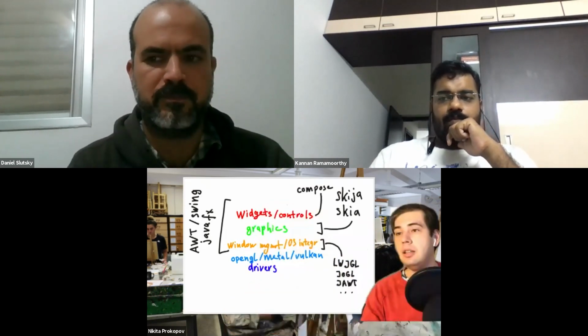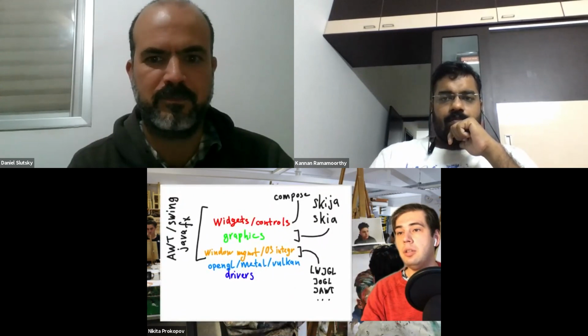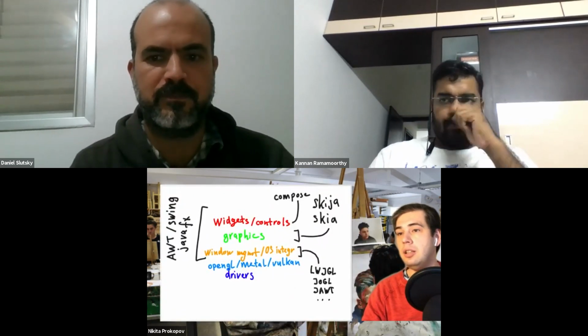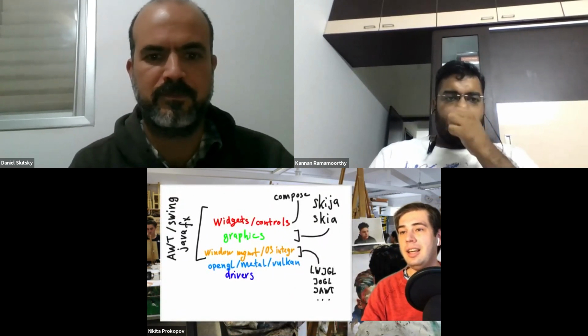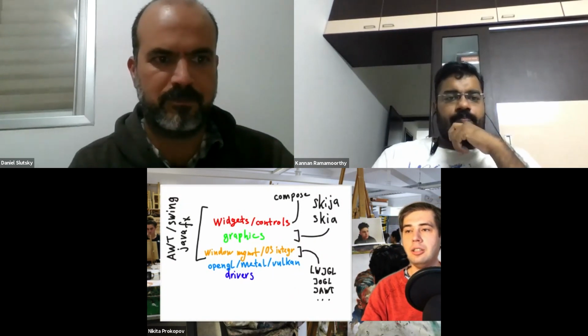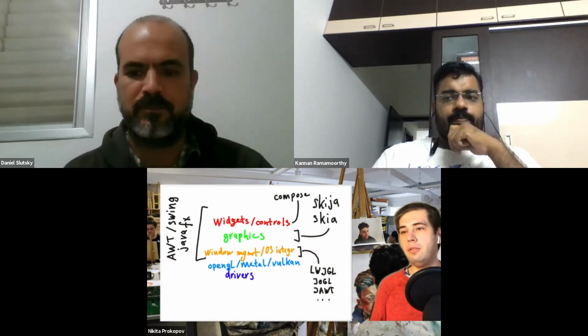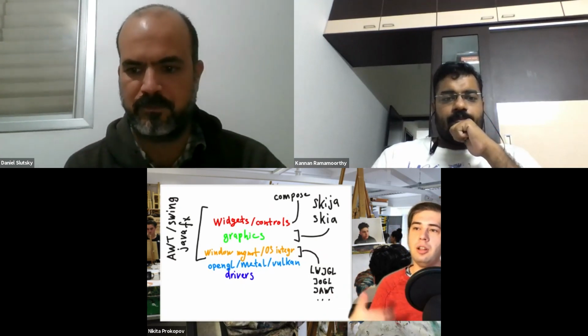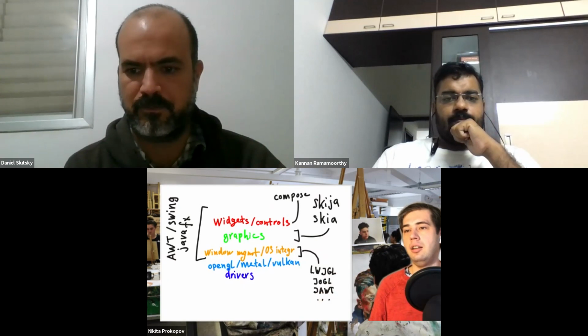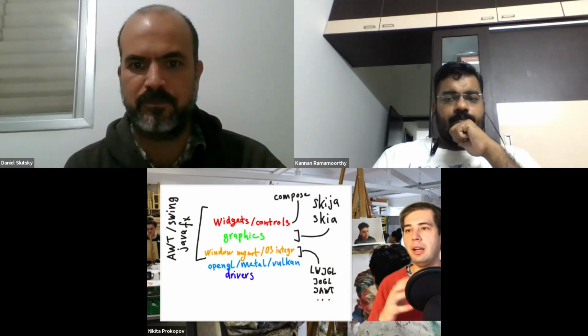If you want to compare it with Java Swing or JavaFX, they cover all three layers, right? If you use Swing, for example, you have window management built in, graphics built in, and widgets, all together in one single package.